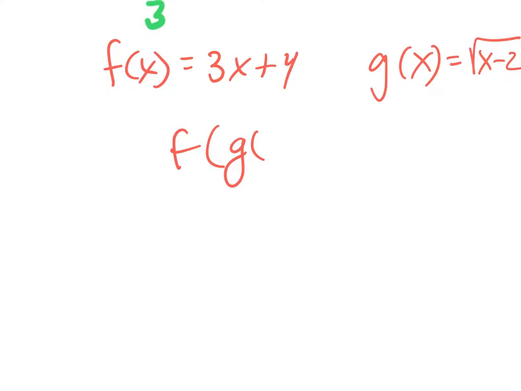The f function ate the g function, which ate a 2. So you start on the inside. G of 2. I'm going to put 2 right there. Put 2 right there. And that's square root of 0. Ooh, that's weird. Is that like undefined? No. Square root of 0 is just 0. So this turns into just 0, because g of 2 is 0.